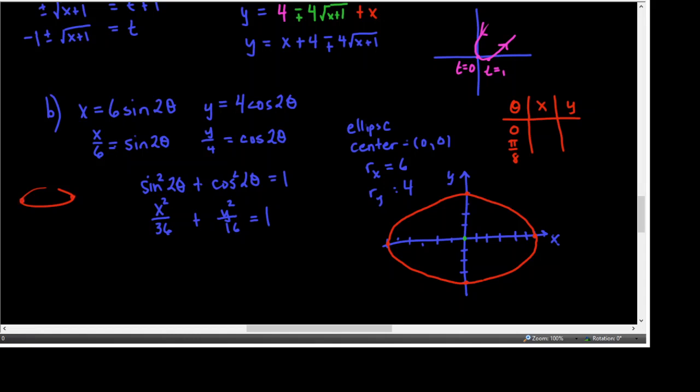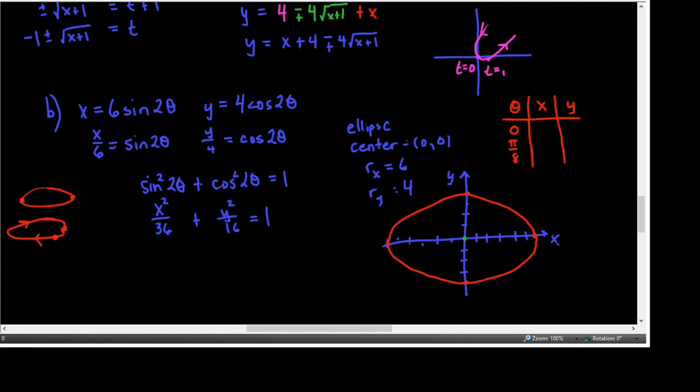Do you know which way I went around? No, I have no idea. But if I said 0 is here, I'm just making this up, and pi over 8 was right here, then I'd know the orientation is that way around. So you have to be careful that these two are fairly close so you can figure out which direction you're moving.